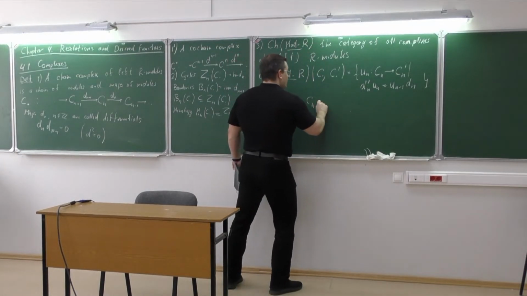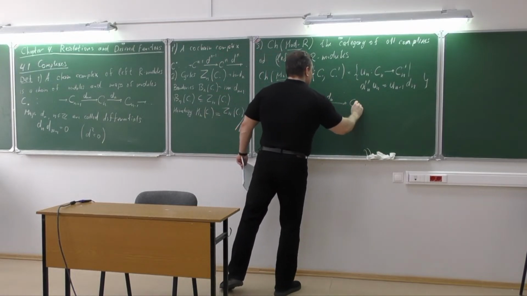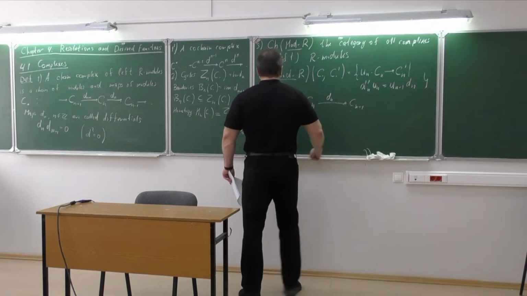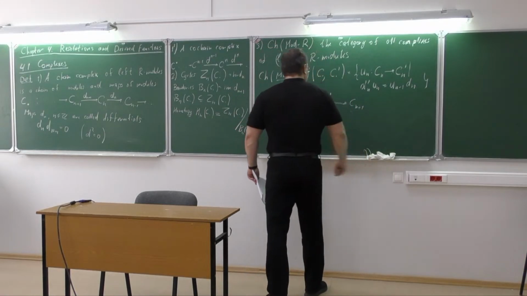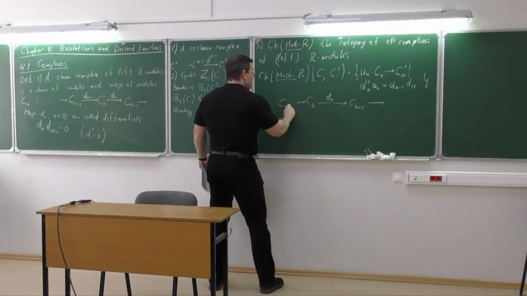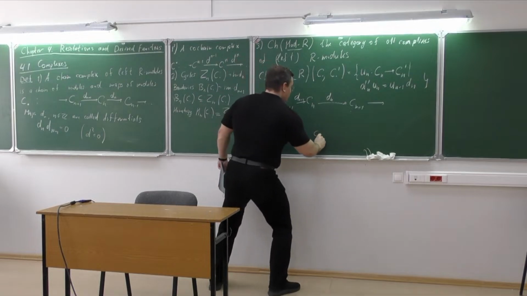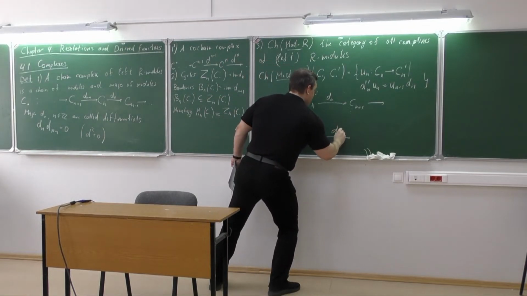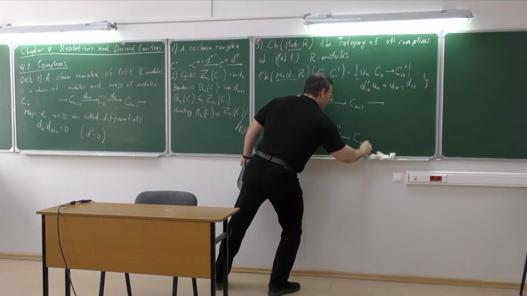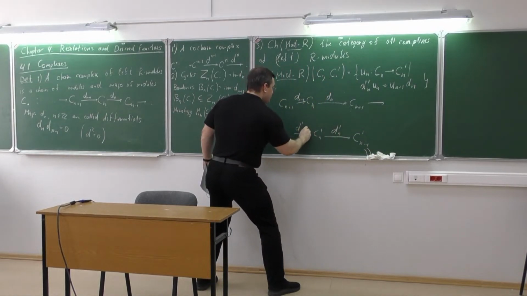So we have C_n, here we have differential d_n to C_{n-1}. So the differential of the chain complex decreases the index. So C_{n+1}, d_{n+1}. So here there is another complex that has everything the same but with the primes.